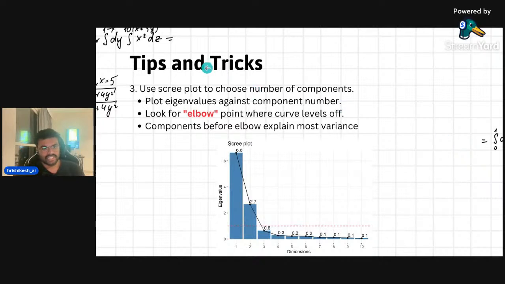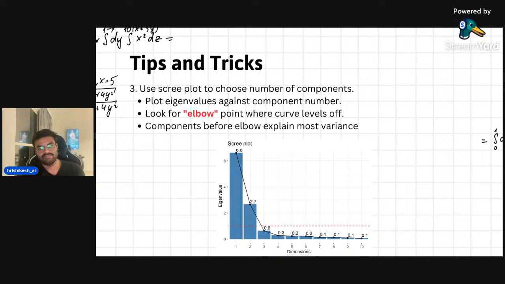Also, the thing we were discussing earlier was about this scree plot, about the eigenvalues against component number. We need to look at whether we can just pick around the principal component or eigenvalue, but if we are looking toward a more accurate model to build on, it's helpful to plot and understand the elbow point.